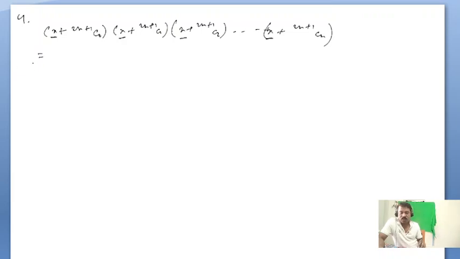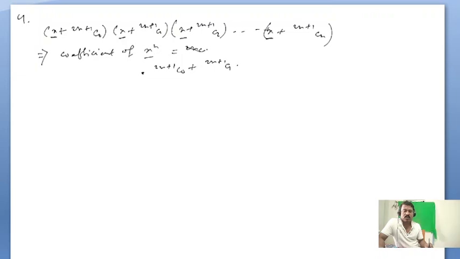So coefficient of x to the power n, that is equals to, we have 2n, sorry, 2n plus 1 c0 plus 2n plus 1 c1 plus 2n plus 1 c2 and so on to 2n plus 1 cn, 2n plus 1.